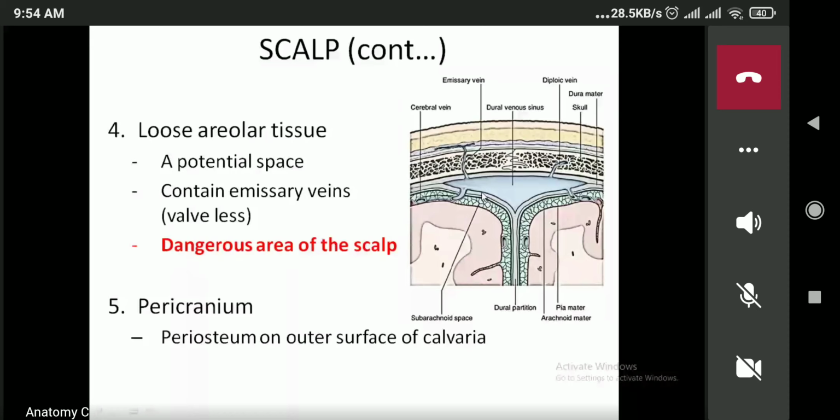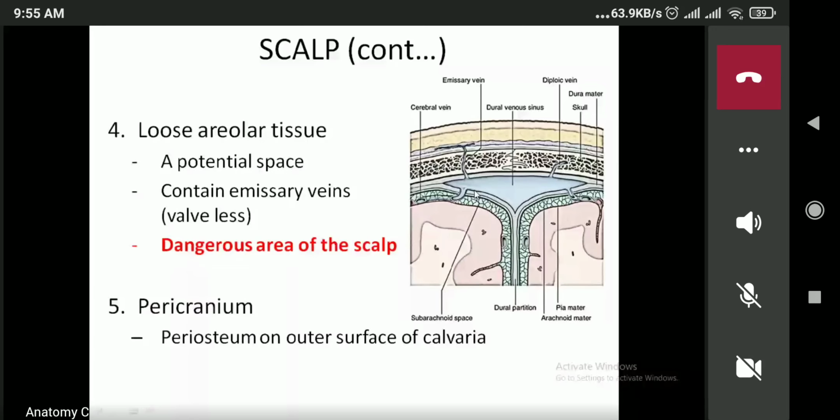Okay, the scalp veins are connected with the dural venous sinuses with the help of emissary veins. As these emissary veins are present mainly within the fourth layer of scalp, in case of any infection, suppose any infection or any sebaceous cyst occurs within different layers of scalp, the infection may spread directly into the dural venous sinus through these emissary veins. As these emissary veins are valveless, the spread of infection may be vice versa, from internal to external or from external to internal.